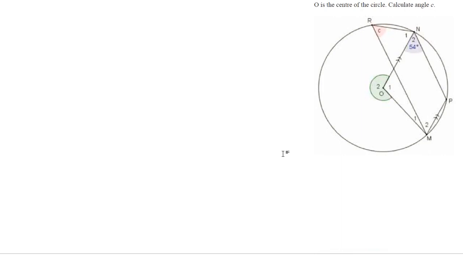O is the center of the circle. Calculate C. This one is the C. How do we do this? This is a point of interest. They are parallel. So if I make this longer, this angle is equal to that angle. So this is 54 degrees.